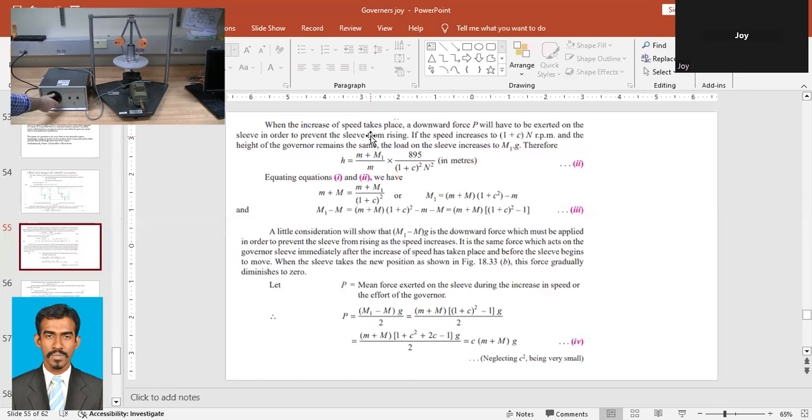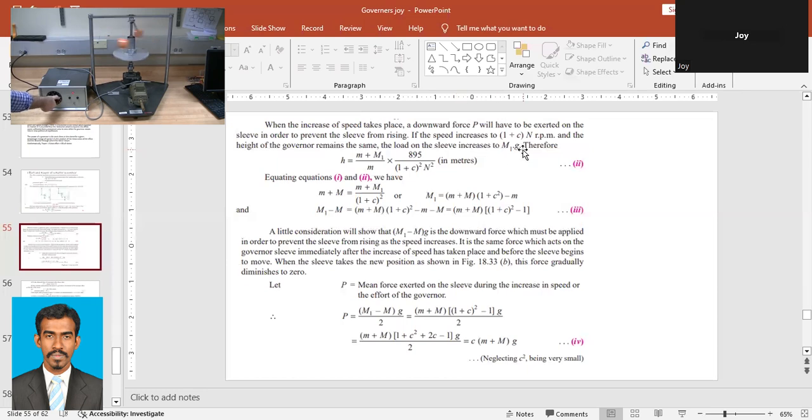We know when the speed increases, the sleeve will move upwards. In order to prevent it from moving upwards, we restrict it by giving an equal amount of force. So that force is P. If the speed increases to (1 plus c) into N rpm, the height of the governor remains the same.